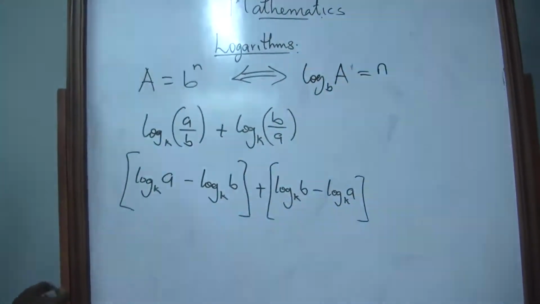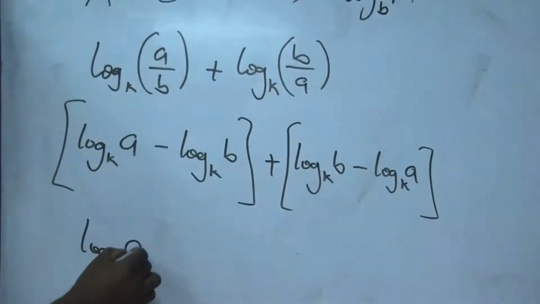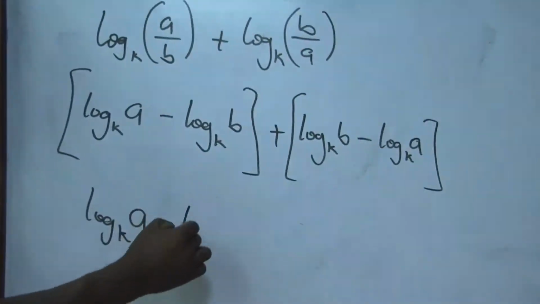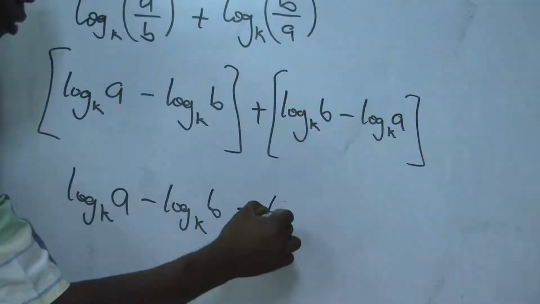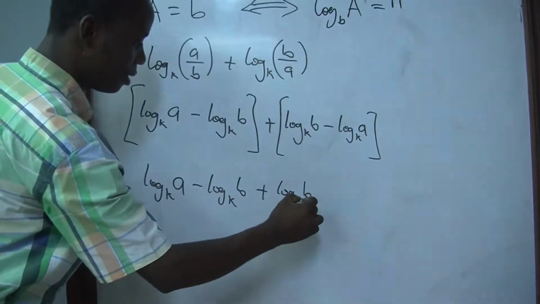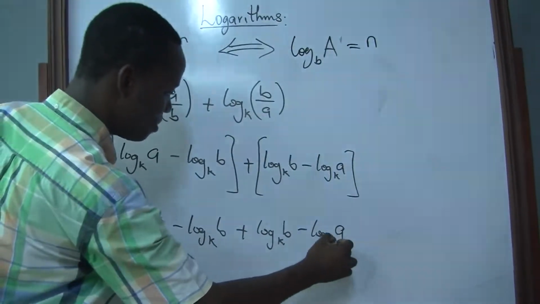Now, let's remove the bracket and see what we'll be left with. We have log a in base k minus log b in base k plus log b in base k minus log a in base k.